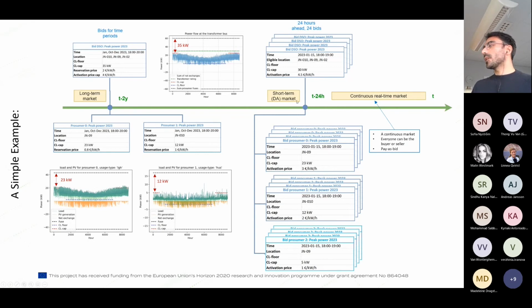And then when it comes to the day-ahead activation market, here the DSO has bought 35, but the new forecast will show maybe they need to activate only 30 of it. So they will send the activation bid, and then these 2 prosumers are obliged to bid because they have been reserved. But then there might be another flexibility provider that enters and has a competitive price.